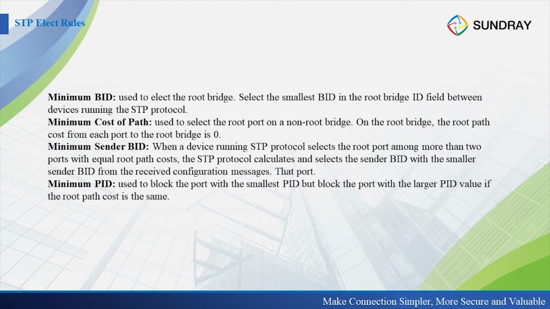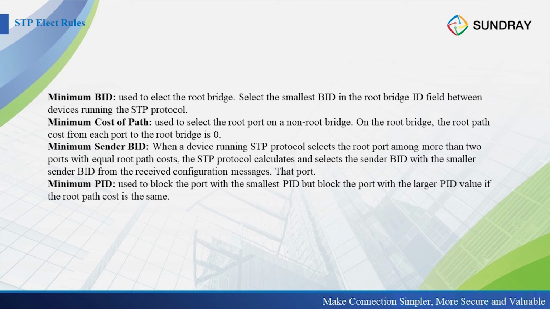And for the minimum sender BID, when a device running the STP protocol selects the root port among 2 or more ports with equal root path cost, STP will select the sender BID with the smaller value from the received configuration message. And then it's the minimum PID, the minimum port ID, used to block the port, which is the smallest PID.